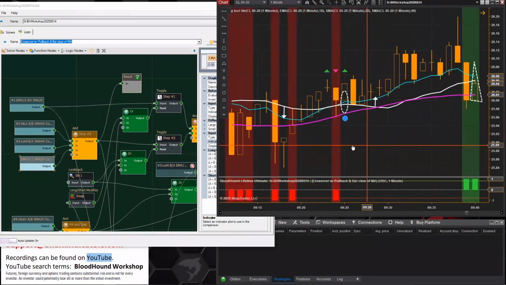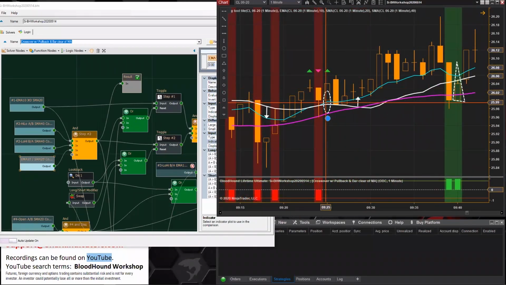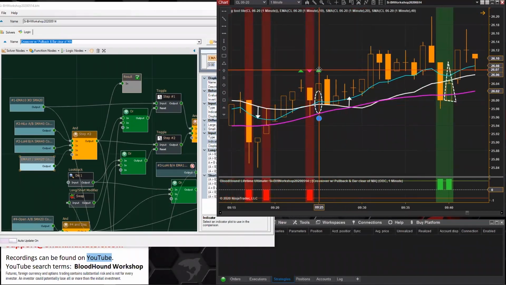So what we're looking at, remember, if we look at our triangles, we're in a crossed up condition here. So we might be looking for a long signal here, because we have a cross up condition. But more importantly, this step number 2, we're only getting a short signal.